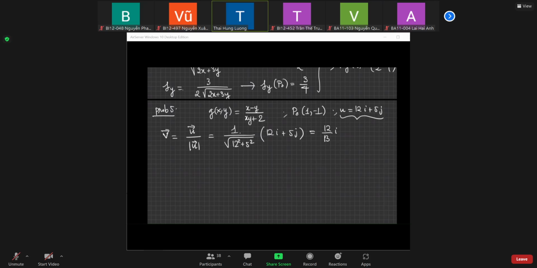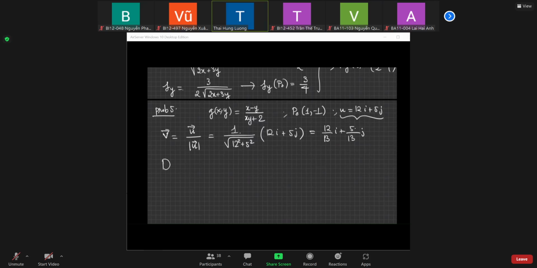I'm not sure, but if I remember correctly, help me to correct it if I do anything wrong. Okay, so here is the unit vector for when you want to calculate the directional derivative.